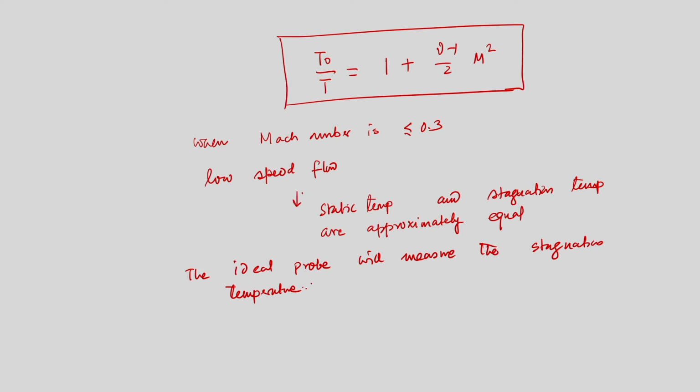That means, I can write that a real probe will indicate a temperature. If the probe is an ideal probe, it will measure the stagnation temperature, but the process is not an isentropic process.